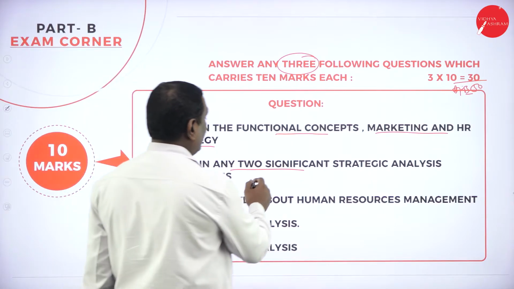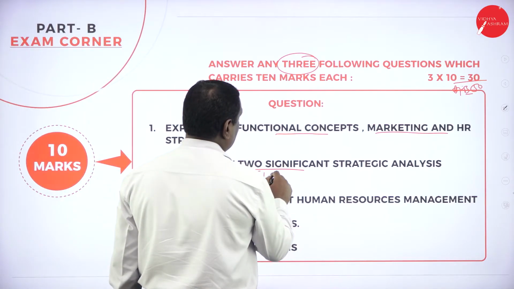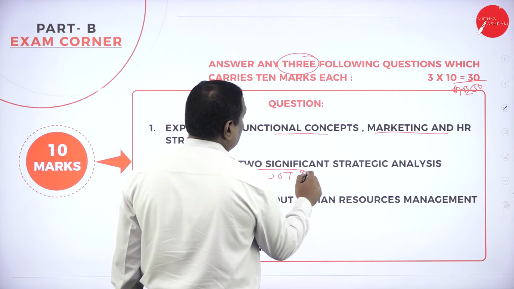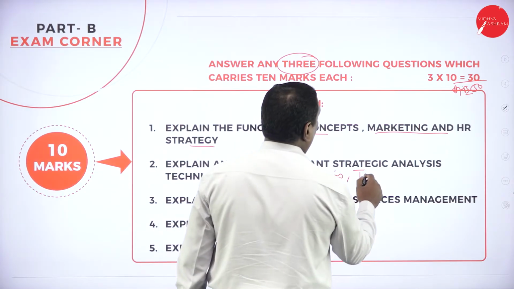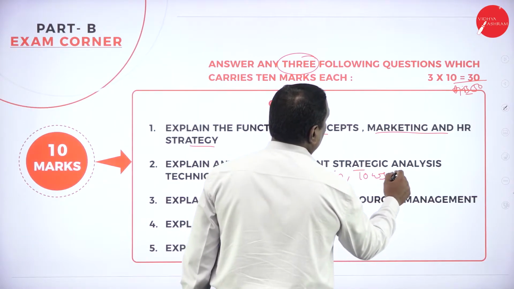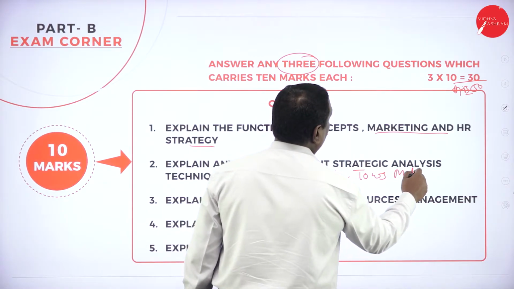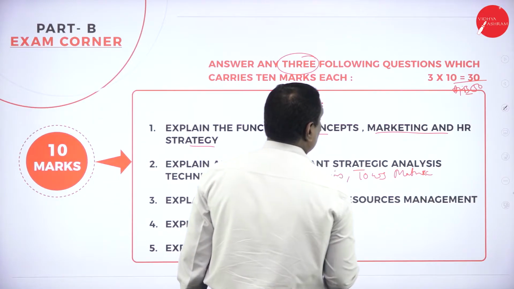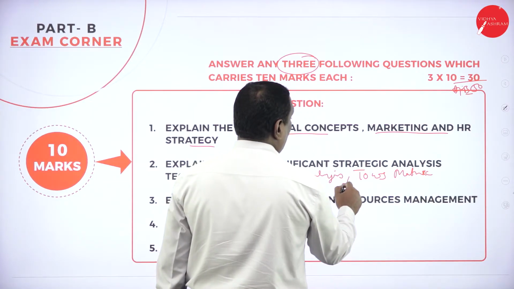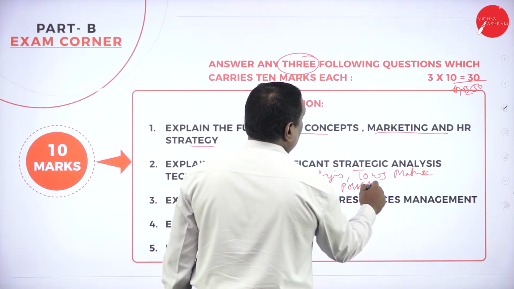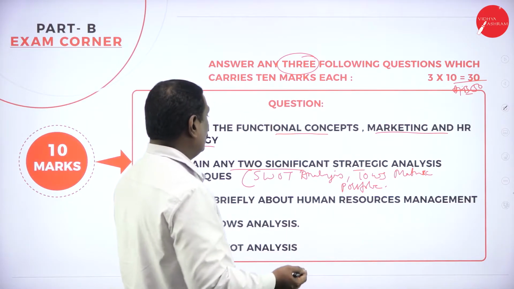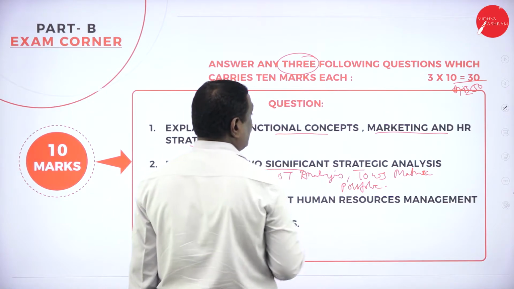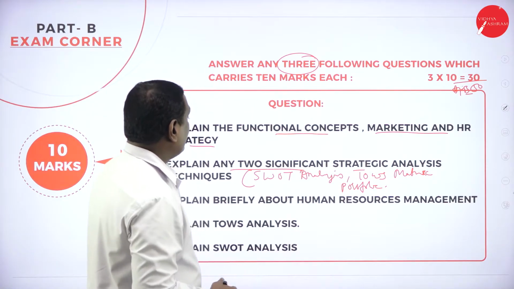So like here we can write SWOT analysis, then it can be TOWS matrix, or portfolio analysis also can be written. Any two, they are asking, any two significant strategic analysis techniques.